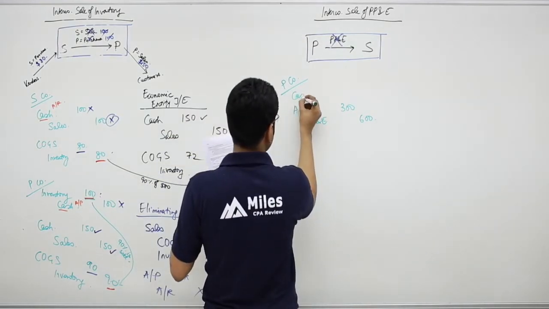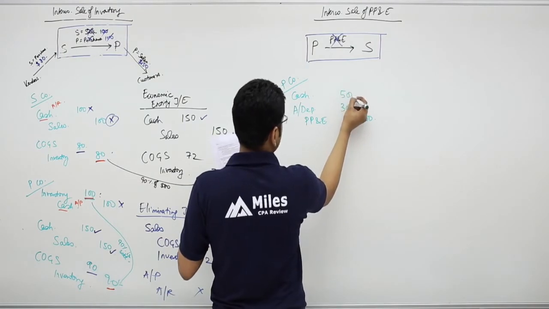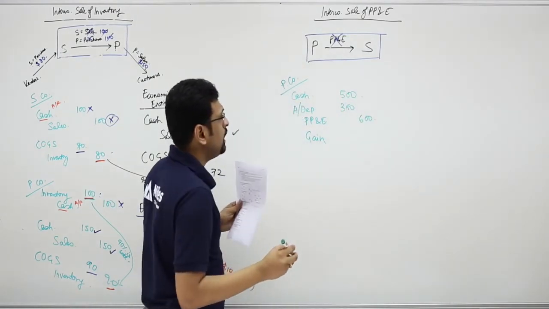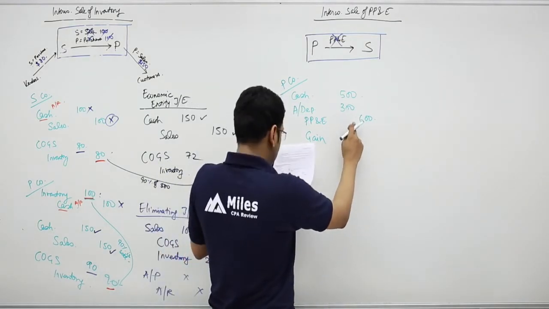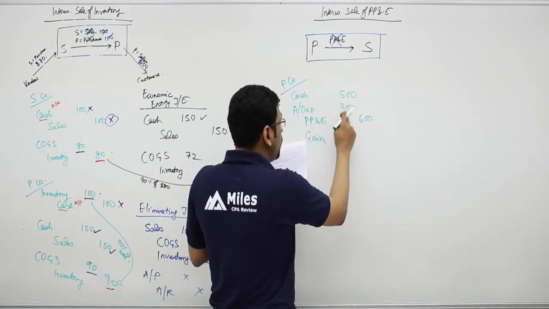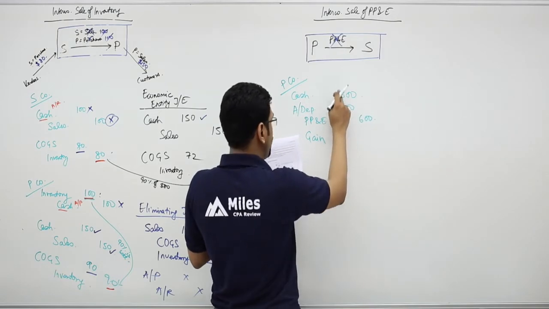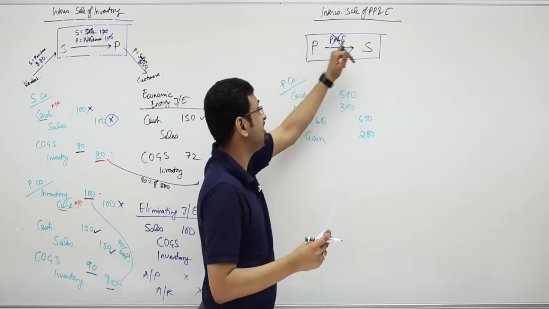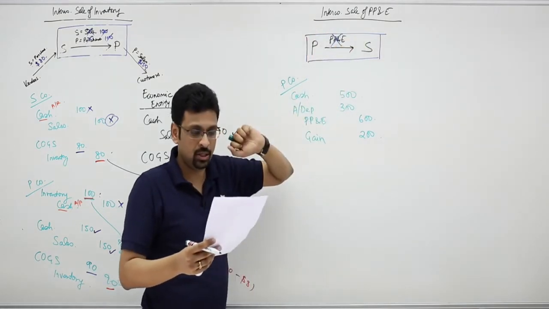They got in cash $500 for this. So they had a gain on sale of PP&E. They sold PP&E which was at a book value of $300 for $500. They had a gain of $200 on this sale of PP&E to the subsidiary.